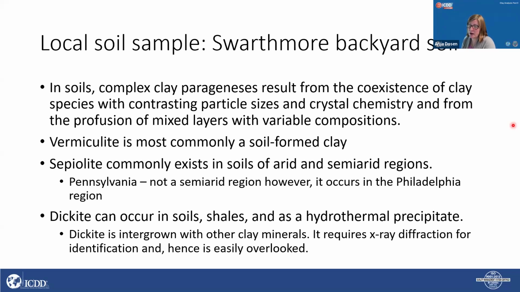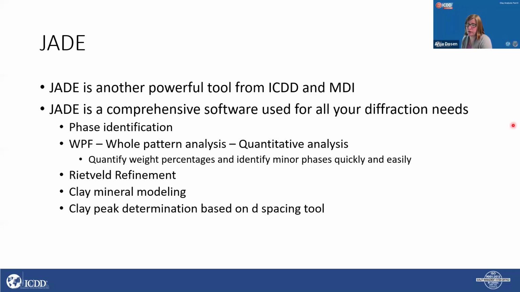This is something that I was researching a little bit, because it is a semi-arid and arid regions clay, which is not the case where we live. However, it does occur in the Philadelphia region, so I was comfortable leaving it in as one of the clays present. And then dacite can occur in soils, and it is required to be determined using the X-ray diffraction, which we have done here.